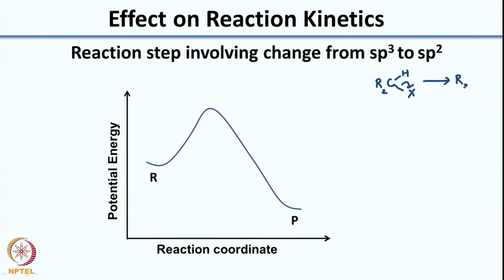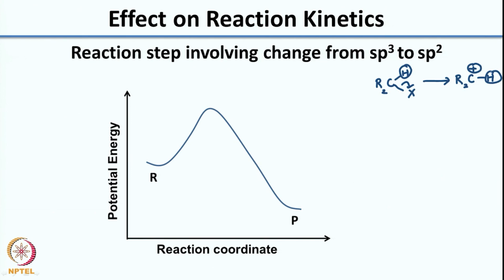So you have a carbocation that is generated, and let us say that we are making the substitution at this hydrogen. So what happens in the case of sp3 and what happens in the case of sp2.